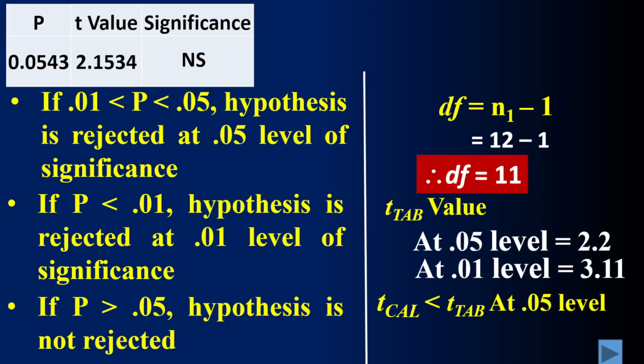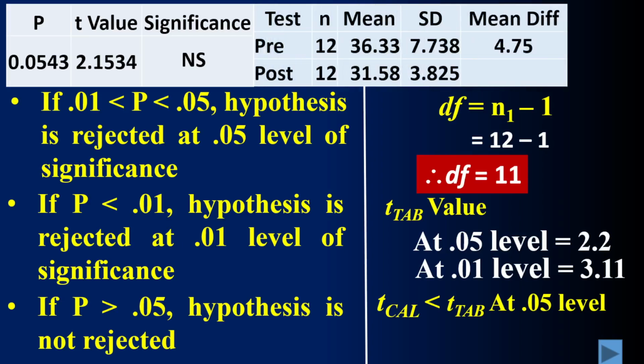So in this way, with the help of probability and with the help of t value, we can check the hypothesis. But in our research report, sometimes we have to put all the values like N and mean and SD and mean difference. So these values are given here.